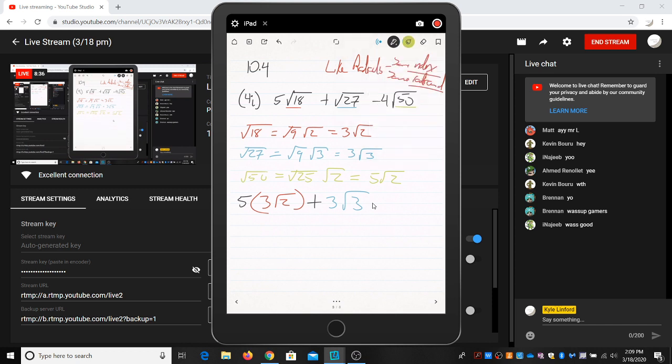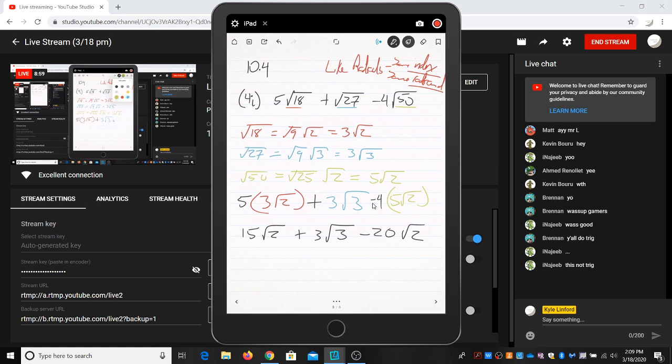And then we have 4 times 5 root 2. All right, so with all of these subbed in, we can start simplifying this down to 15 root 2 plus 3 root 3 minus 20 root 2.